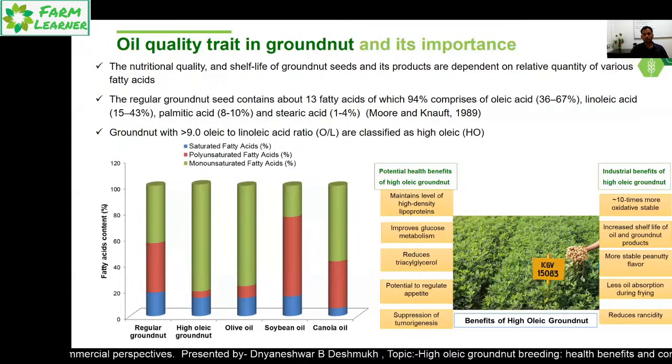It also has less oil absorption during frying, and it reduces rancidity during storage. So that's how high oleic groundnuts are beneficial, not only from the consumer health point of view, but also in terms of industry and the net farm outcome for groundnut. So that's how high oleic is going to be an emerging demand of the peanut industry.